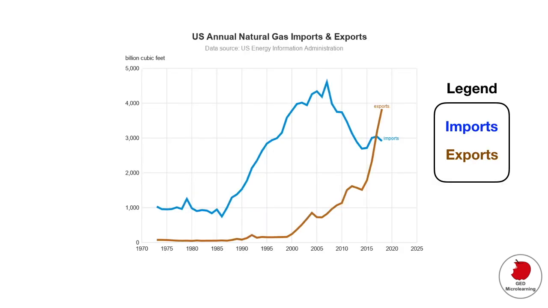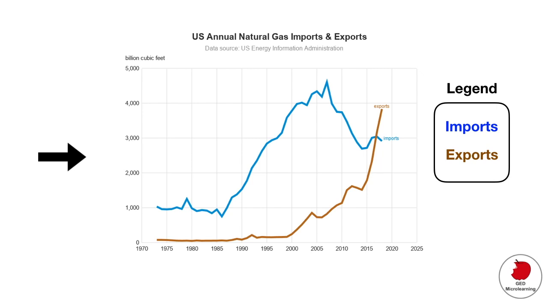First of all, let's remind ourselves how to read a graph like this. As always, start at the title. This is telling us that these lines represent the amount of imports and exports of natural gas in the U.S. Then we look at the y-axis, which tells us how many cubic feet of gas were exported or imported.